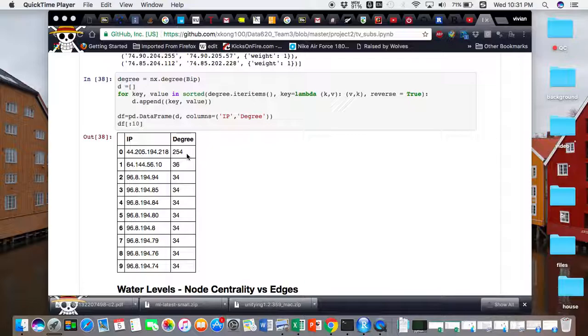It may be people using different IP addresses in the same company, but that would still definitely be a bias, or a fraud, because this number is too high, which seems impossible for 254 different IP addresses sharing the same account. So we have to pay attention to this IP address.